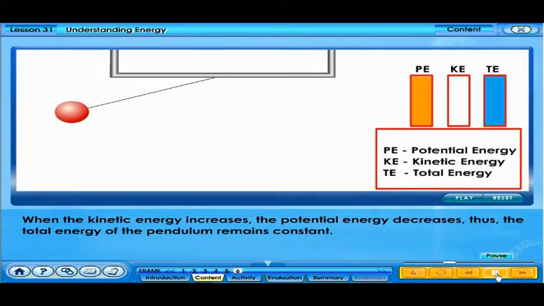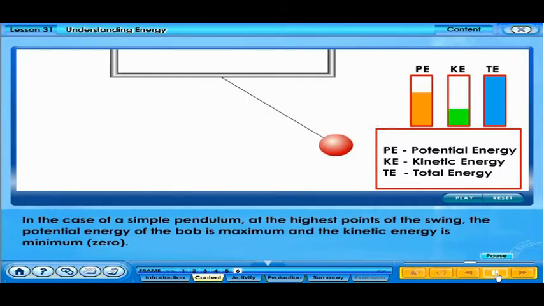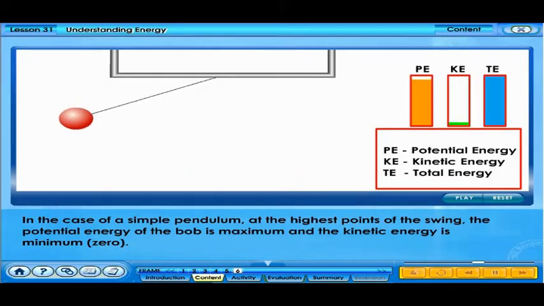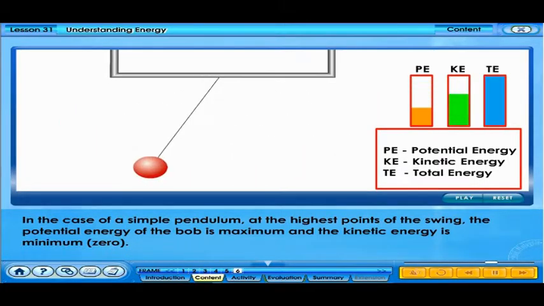You will see that when the kinetic energy increases, the potential energy decreases, and thus the total energy of the pendulum remains constant. In the case of a simple pendulum, at the highest point of the swing, the potential energy of the bob is maximum and the kinetic energy is minimum or zero.